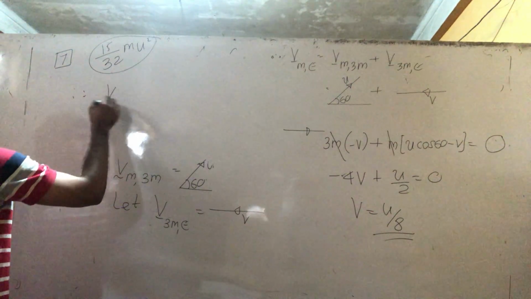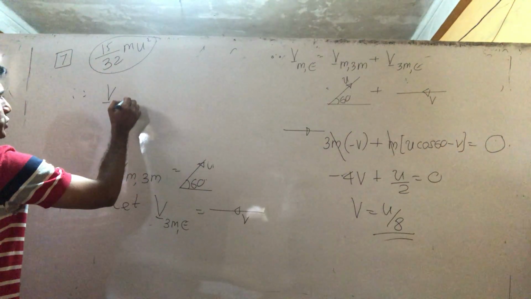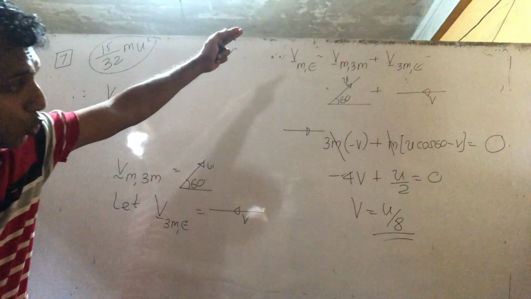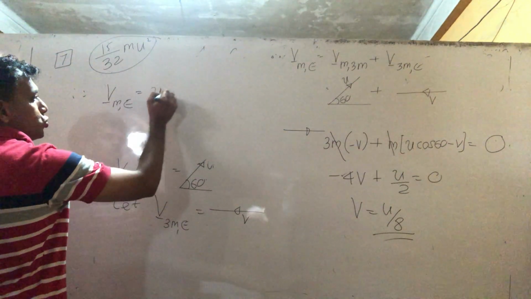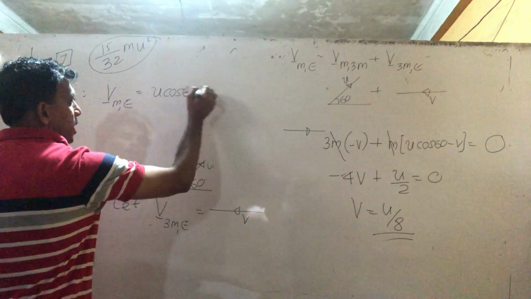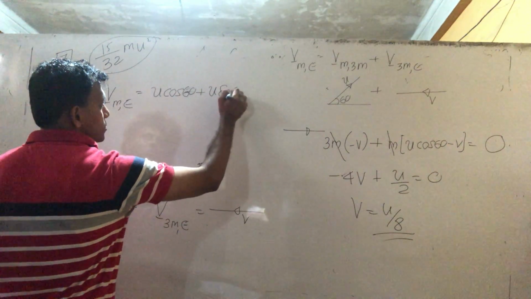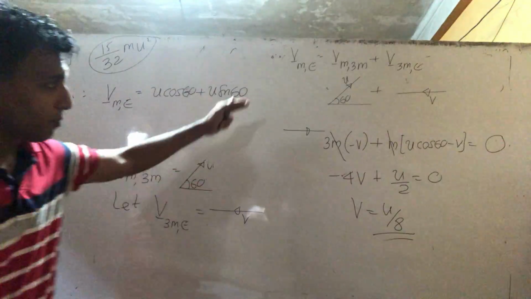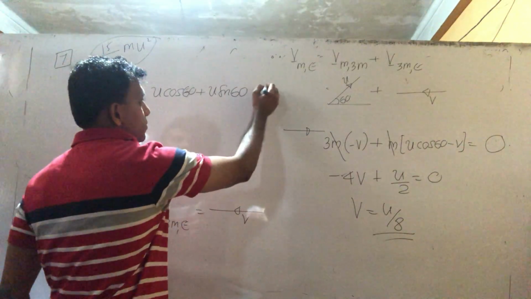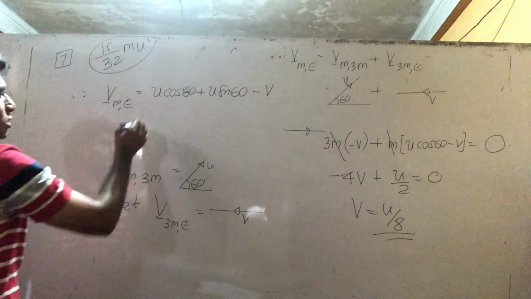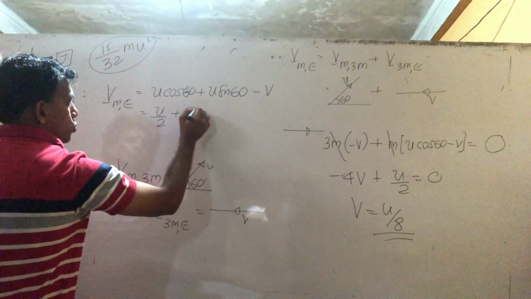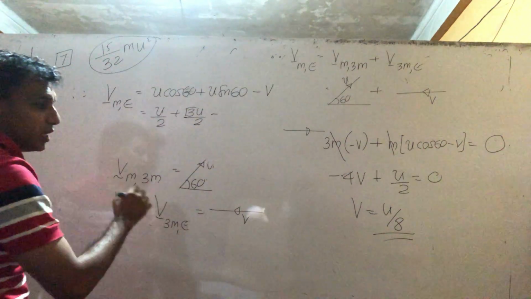Therefore, the velocity of the bullet, or shot, relative to the earth has two components: u cos 60 horizontally plus u sin 60 vertically. The horizontal part is u cos 60 minus v, with v equal to u by 8. So simplify before going to the answer: u by 2 and root 3 u by 2, with v equal u by 8.